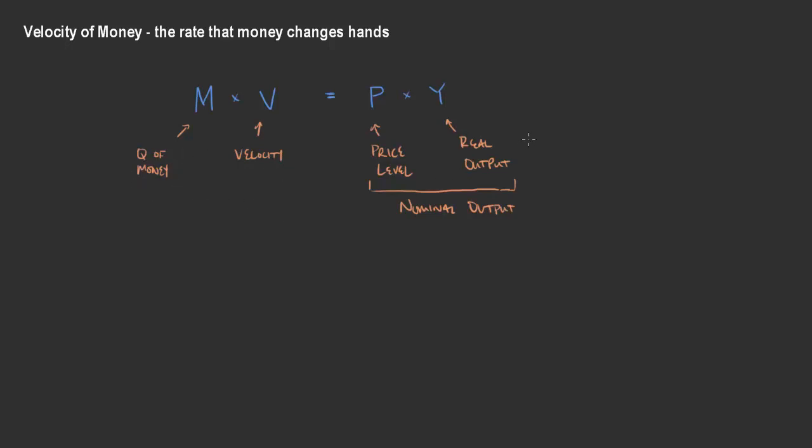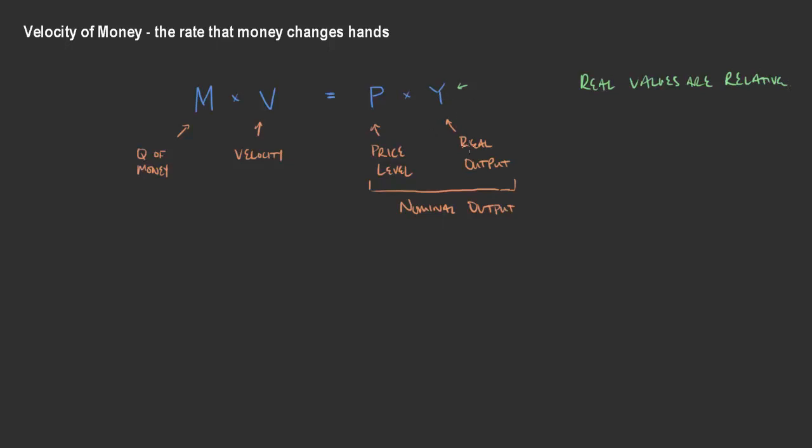We can think about this in a few different ways, but what I really want to focus on is our real output, because we know that real values are relative. Why do I say that?